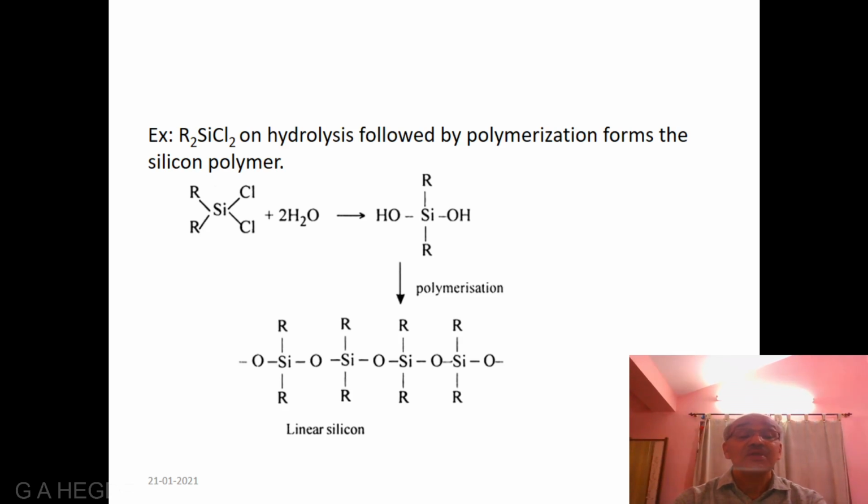For example, R2SiCl2 on hydrolysis followed by polymerization forms the silicon polymer. The equation is R2SiCl2 plus 2H2O gives R2Si(OH)2, which undergoes polymerization to silicon polymer.